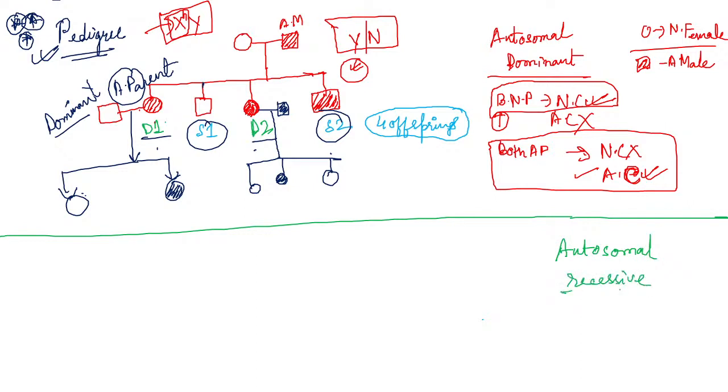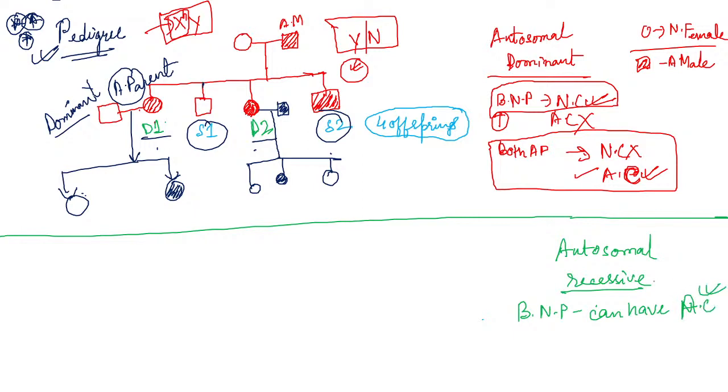So in autosomal recessive, what I say is that if both the parents are normal, right, then it is a possibility that they can have an affected child. They can have an affected child.